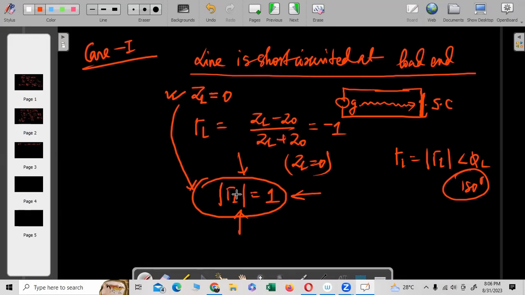But here reflection is there. We are doing a lossless transmission line, so the transmitted wave is not there. I'm just telling that the phase is 180 degrees. Only if phi L is 0 can we say that reflection is not there.